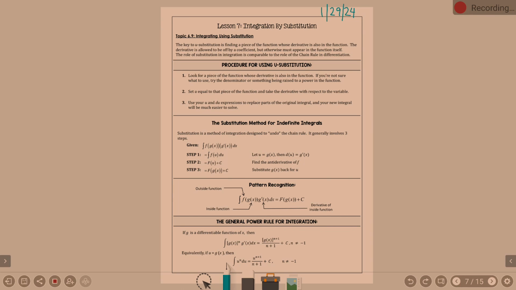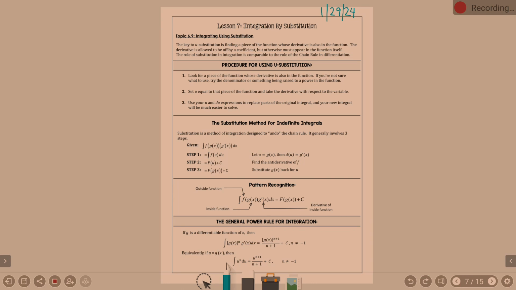Procedure for using u-substitution: look for a piece of the function whose derivative is also in the function. If you're not sure what to use, try the denominator or something being raised to a power. We call it u-substitution because you set u equal to that piece of the function, and then take the derivative with respect to the variable.